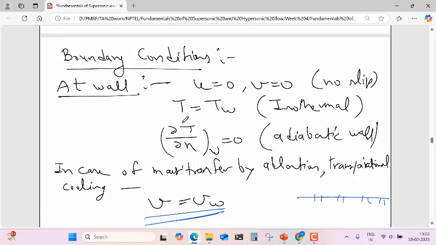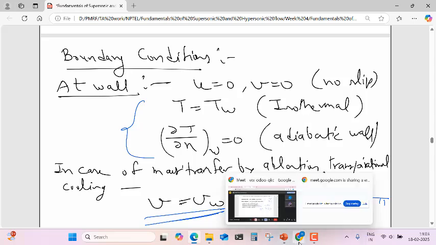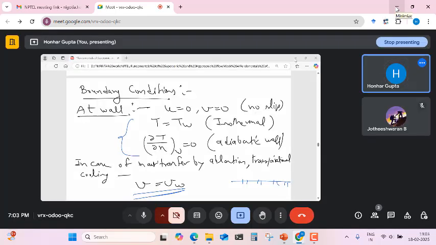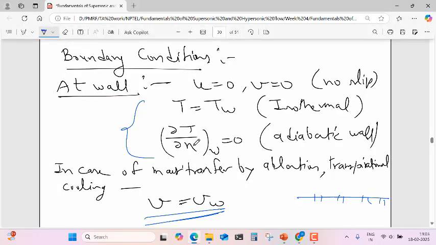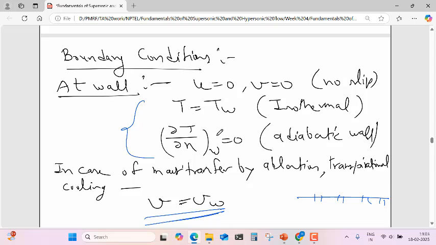For the temperature, there can be two types of boundary condition. One is the isothermal boundary condition where the temperature at the wall is fixed, T equal to Tw, and another is the adiabatic boundary condition where the gradient of the temperature at the wall is 0, ∂T/∂n at wall equal to 0.